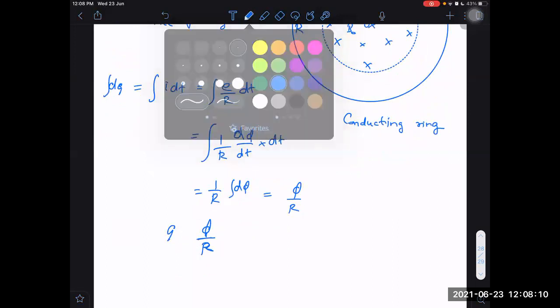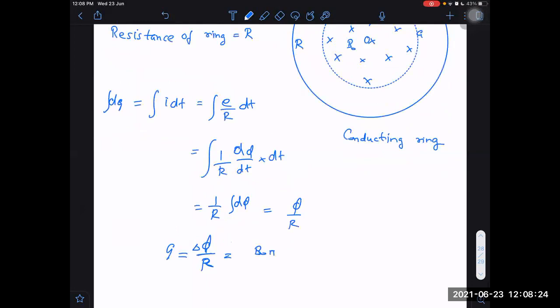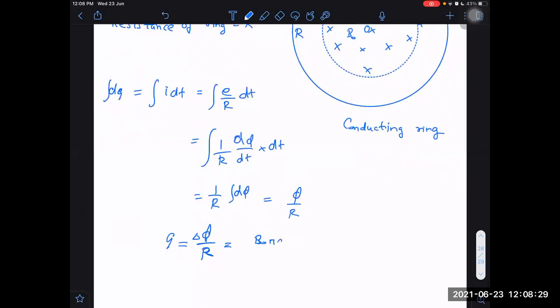Change in flux per unit resistance actually. It is not phi, it is delta phi in fact. Don't forget that. But in the present case, delta phi is equal to just B naught into pi, radius squared, divided by r. In which direction charge will flow, that we can find by Lenz's law.